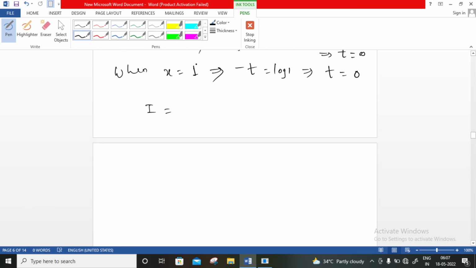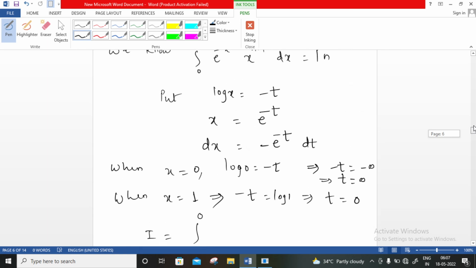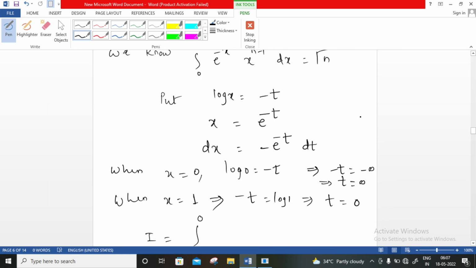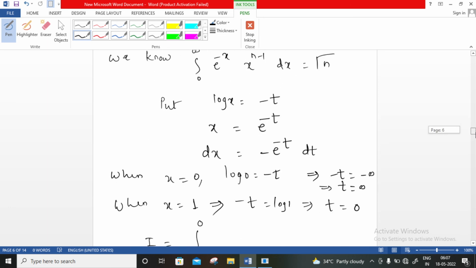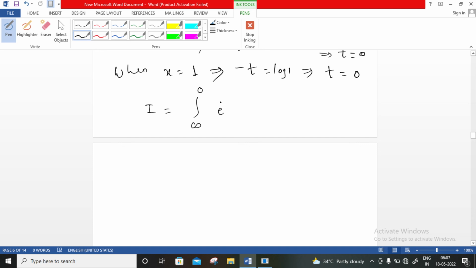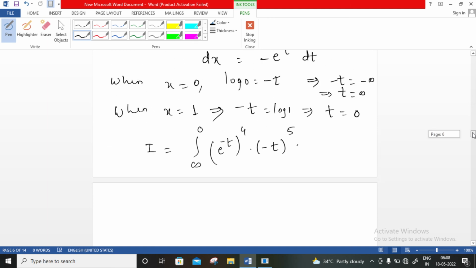So when x goes from 0 to 1, t goes from infinity to 0, into x^4, but here x is e^(-t). So you write here (e^(-t))^4 into log x, and I consider log x as minus t, raised to 5, into dx. dx is minus e^(-t) dt.